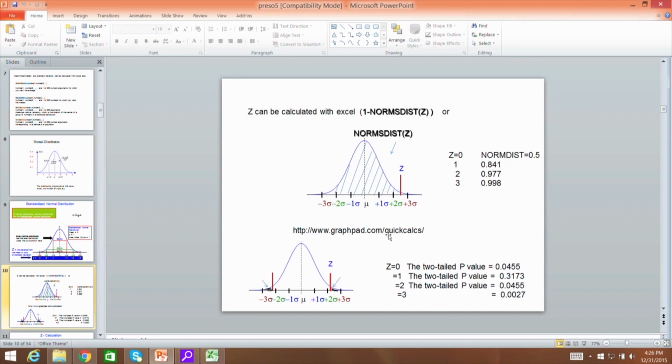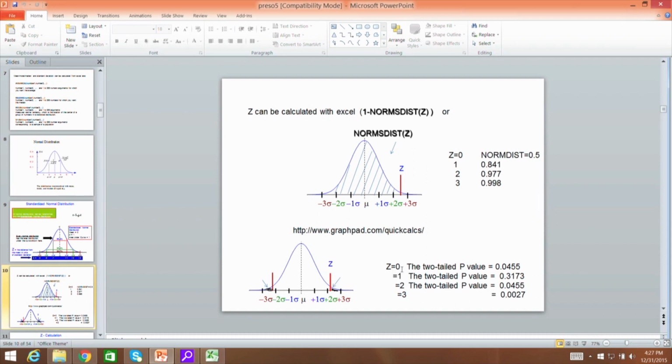You can also use GraphPad to do the same thing, but GraphPad gives it to you in another form. When you put Z, it gives you the area outside on both sides. Whereas Excel gives this area, GraphPad gives you the outside area on both sides, that is called two tailed.